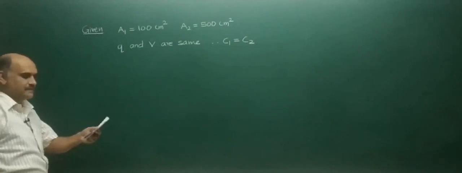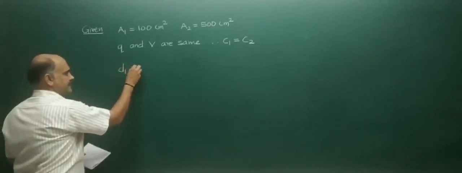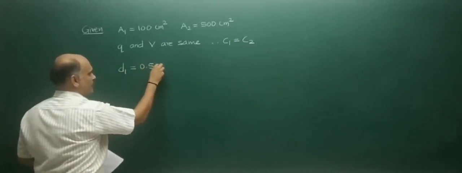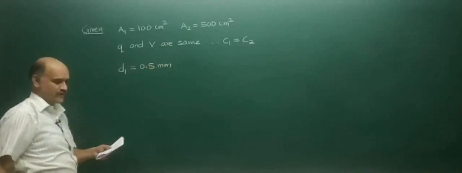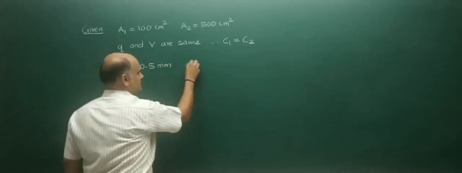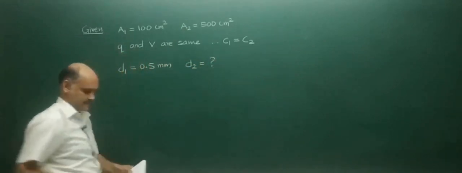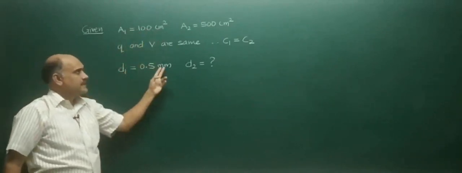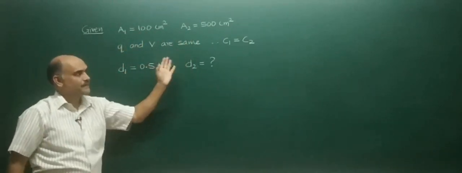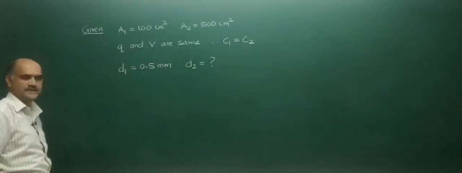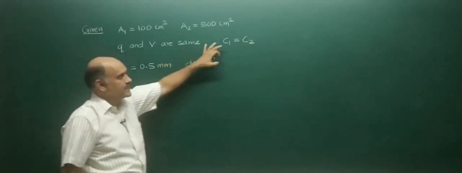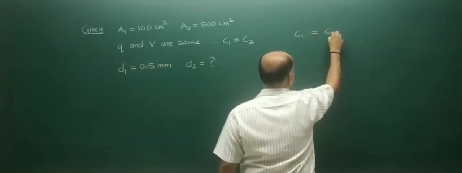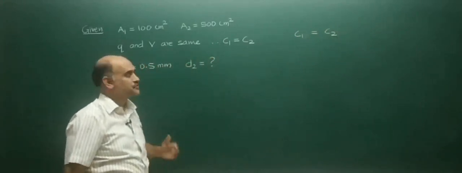If the distance between plates of the first capacitor, D1, is 0.5 mm, what is the distance between plates of the second capacitor? So you are required to find D2. I will take the units as they are, because we have a ratio, so the units get cancelled. Now the condition is C1 is equal to C2. I will substitute the formula.